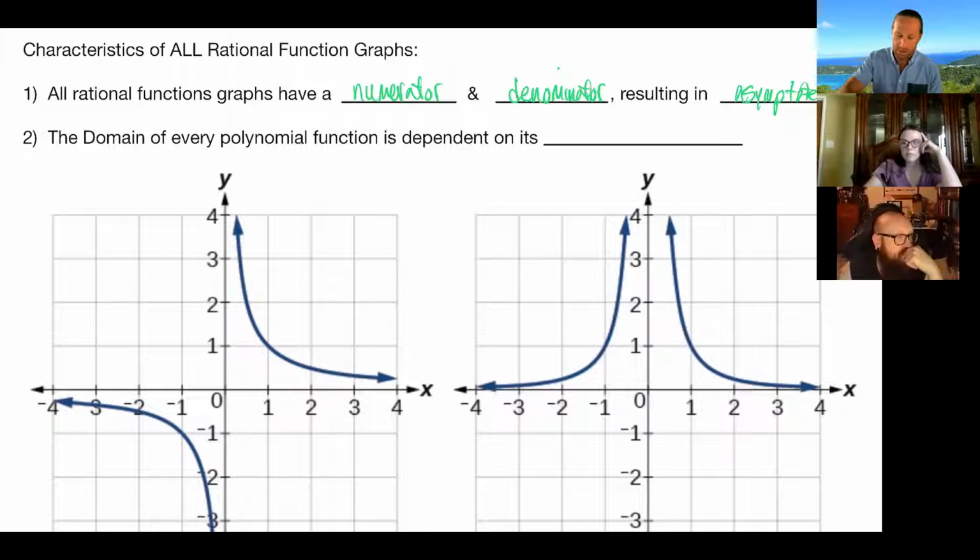Part 2 of the characteristics, we want to talk about what we can put in, and then we'll just kind of figure out what we can get out of that. But the domain is the key, the inputs, or x values.